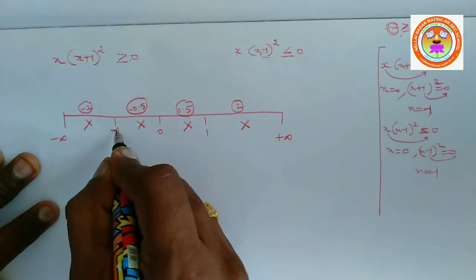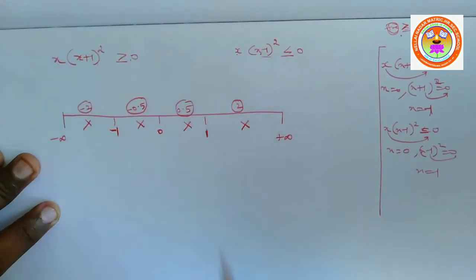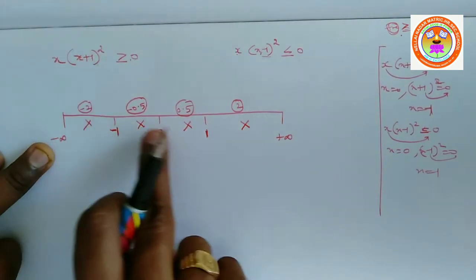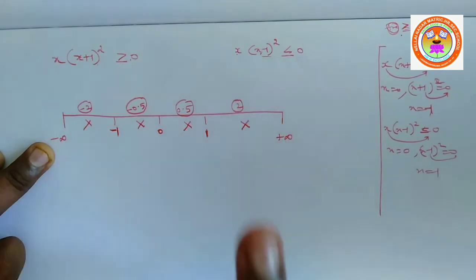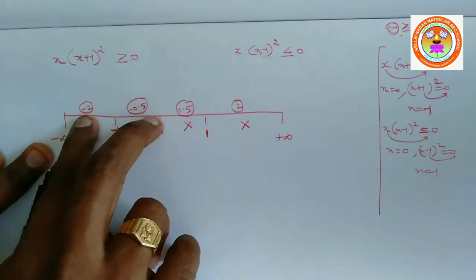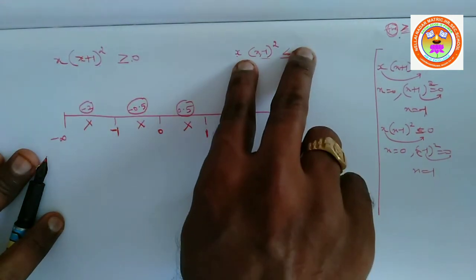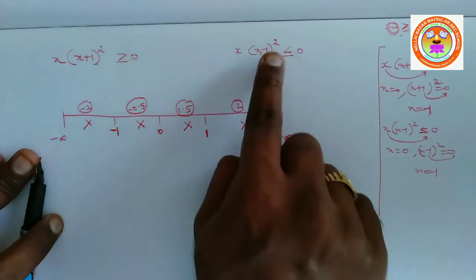So now the only values I can apply are minus 1, 0, and 1. In between values are not possible. If I take minus 2, it is not possible here, so I don't need to check further.